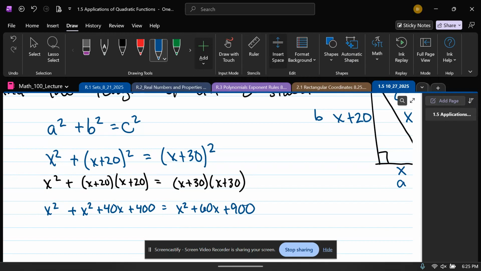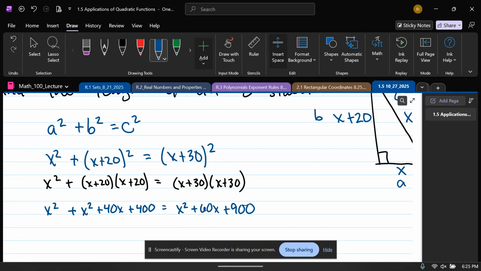So x times 30 is 30x, and then x times 30 again is another 30x. That's where the 60x comes from. 30 times 30 is the 900. Here, 20x and 20x is the 40x. 20 times 20 is the 400. So we've multiplied that out.